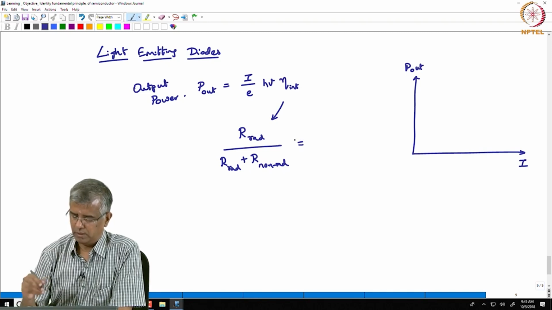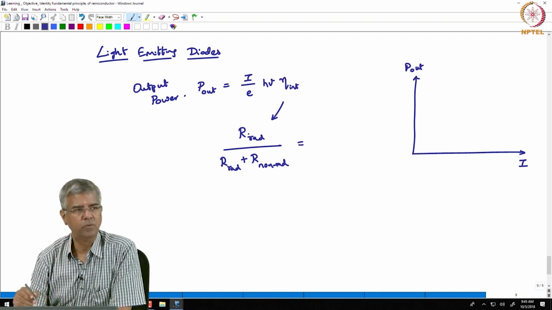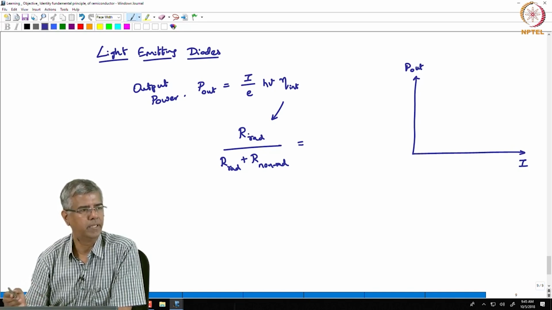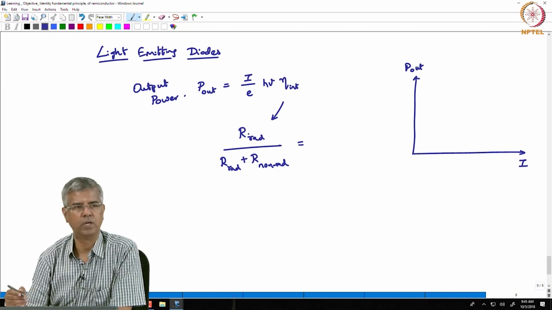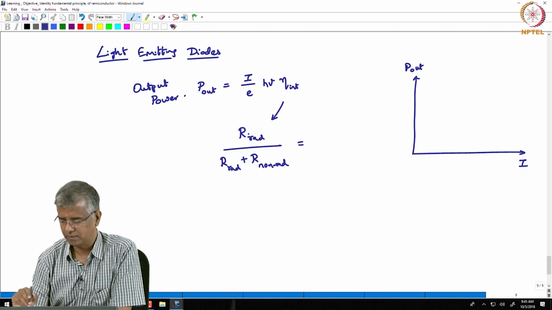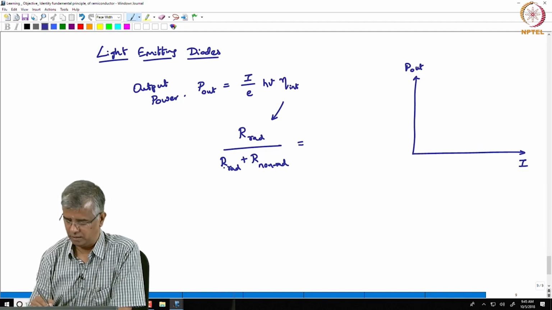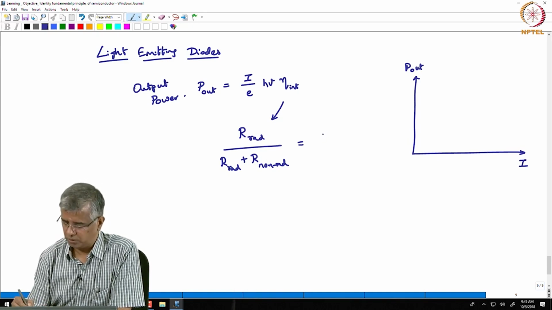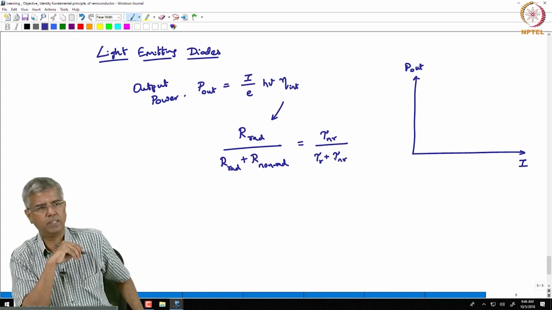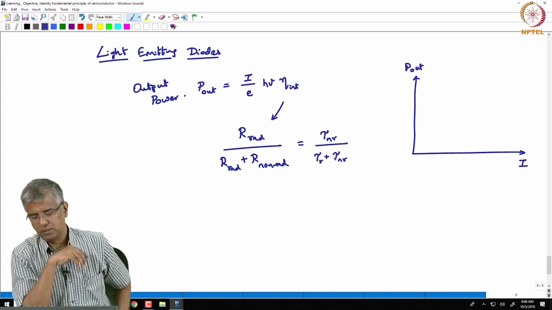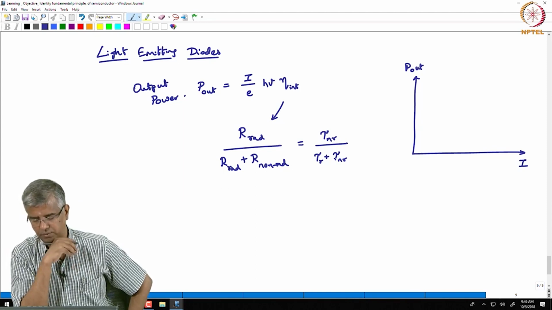And since the rate is inversely proportional to the time, you can write R rad as 1 over tau r, and similarly the denominator has 1 over tau r plus 1 over tau nr. So, if you put that together, you get this expression: eta int is equal to tau nr over tau r plus tau nr. We are just substituting R by 1 over tau.